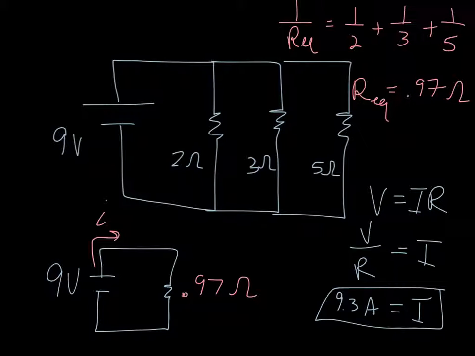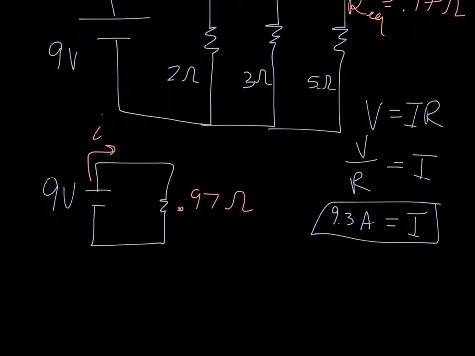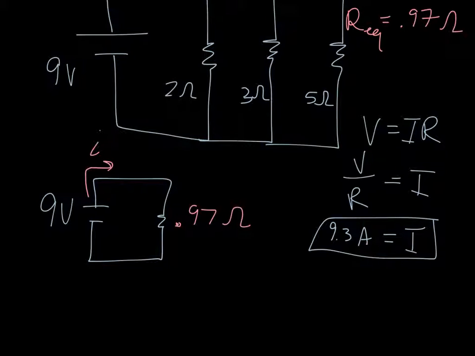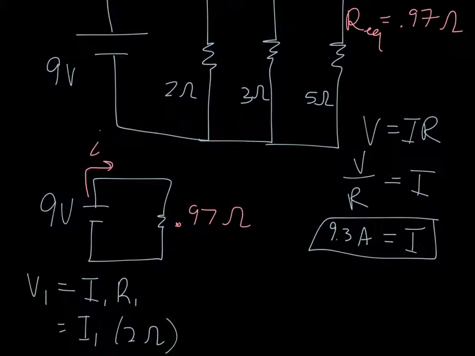How much? How do I figure out how much current goes to each resistor? You use V equals IR for each one separately. Now here's the problem though. I'm trying to find I. Well, R is given to me, isn't it? The first resistance is 2 ohms. We're trying to find I. What's the voltage? Tom?